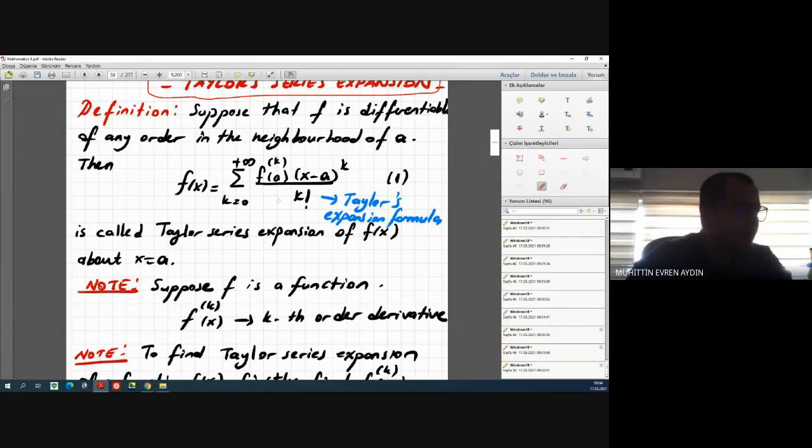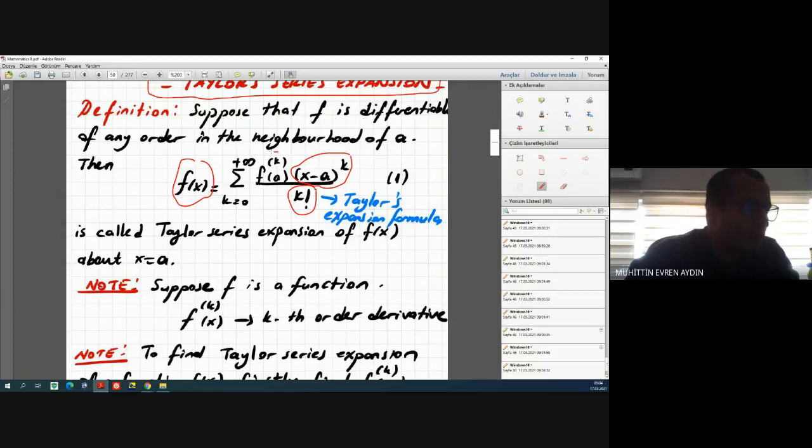As can be seen, this part, I mean the denominator, is independent from the function f of x, and here is also independent from the function f of x.